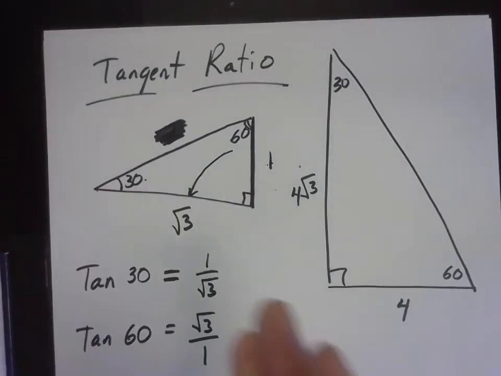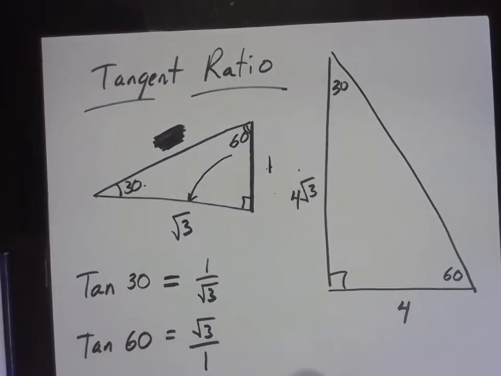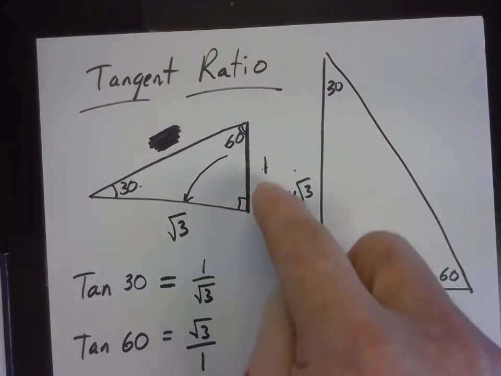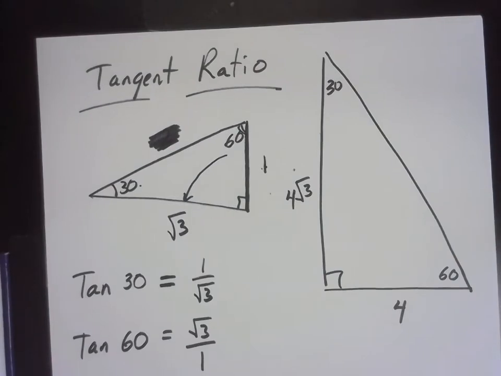All right, so with the 30, 60, 90 triangle, we don't need to use the tangent button on our calculator or anything. We know, we memorize the ratios, right? We memorize what's going on. But I'm going to back up a minute.